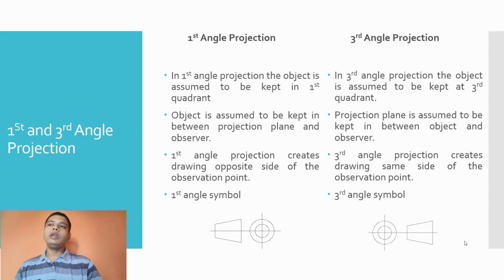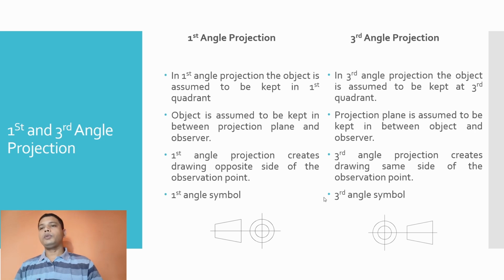And in the case of complex drawings, a clear differentiation of first angle and third angle projection is quite mandatory, because unless you know the difference, you will make mistakes each and every time. So let me compare first angle projection and third angle projection.